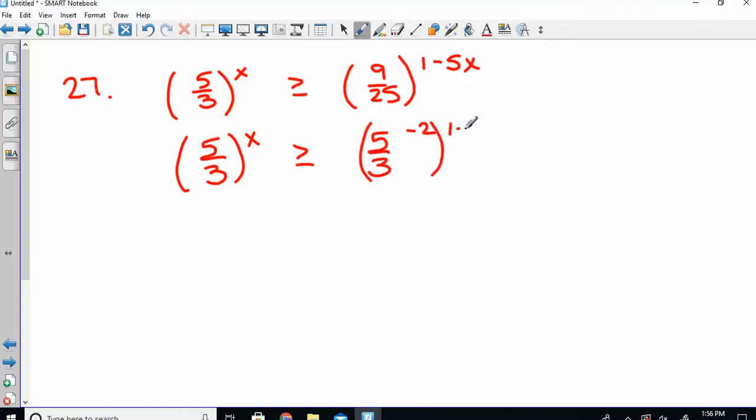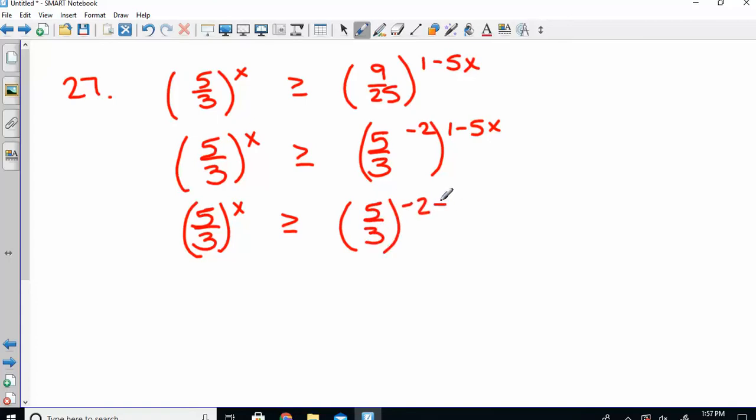And what number do I put there? 2. 3 squared is 9, 5 squared is 25. So then we get 5/3 to the x is greater than or equal to 5/3 to the negative 2 plus 10x. So then you can drop the base.